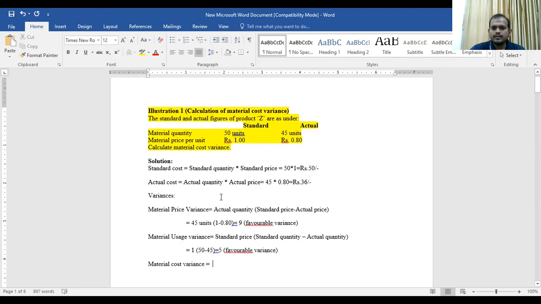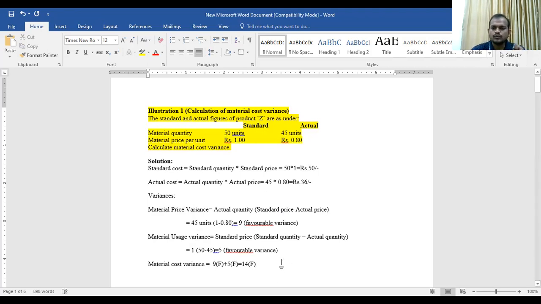As I said, if we combine material price variance and material usage variance, it should be equal to this 14. Let us see. Favorable 9 plus favorable 5, total 14 favorable variance.